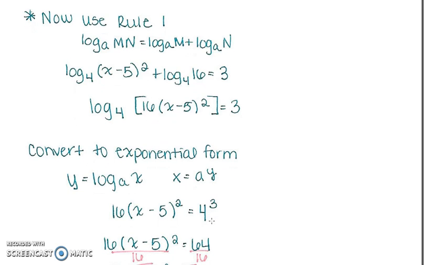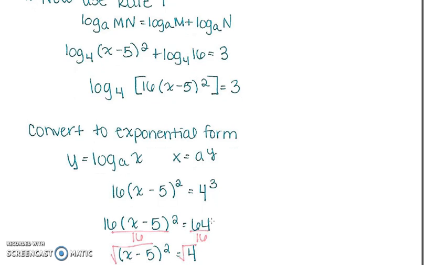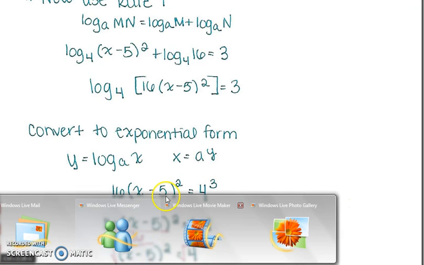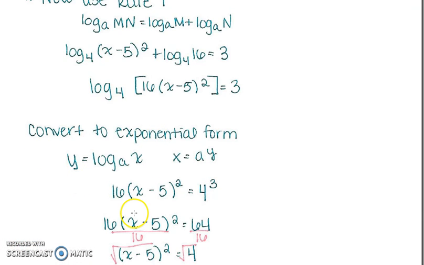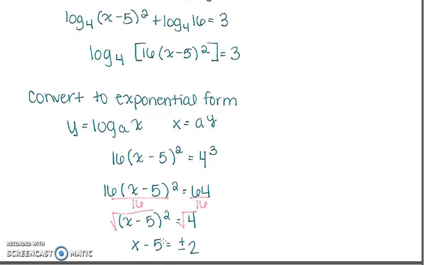We can divide both sides by 16. When we divide both sides by 16, we get (x minus 5) squared equals 4. In order to get rid of this squared, we take the square root of both sides, which gives x minus 5 equals plus or minus 2.